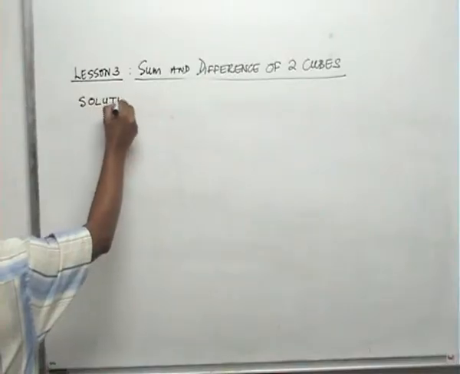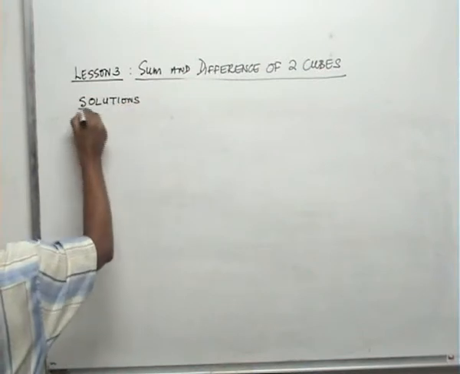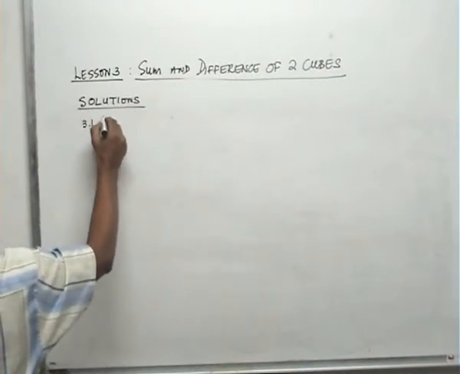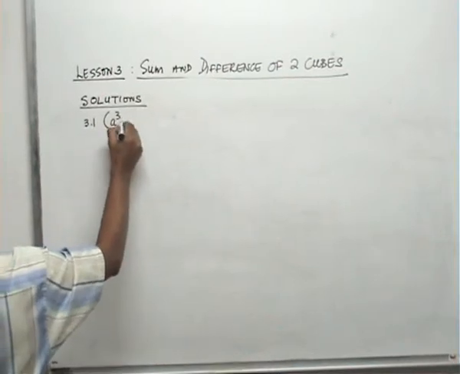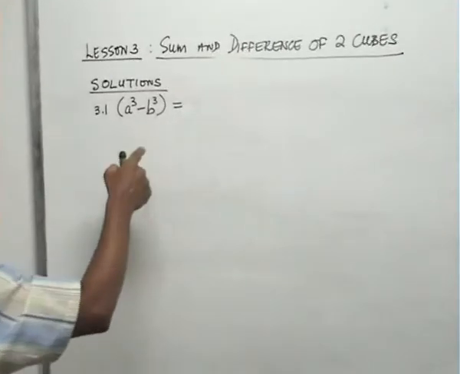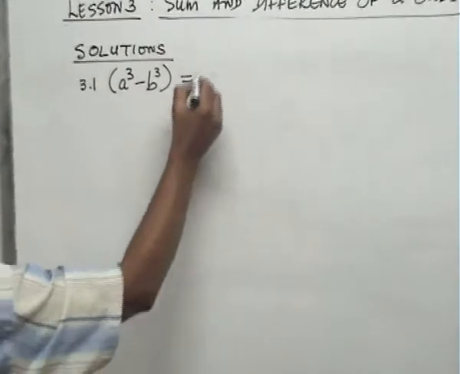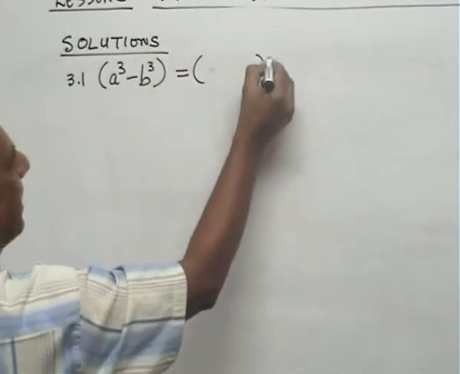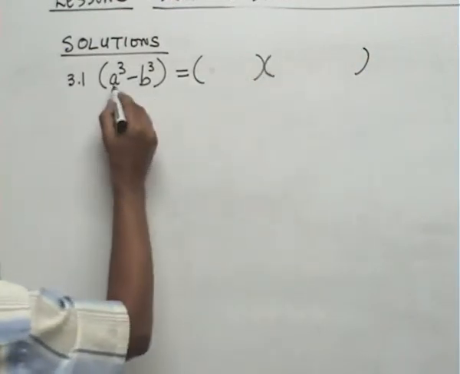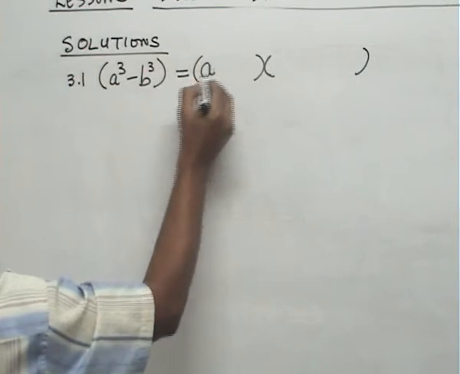Welcome back, here's your solutions. Now I'm not going to talk too much in this section because these are pretty straightforward. I'll only explain the first example and then I'll just write the answers for the rest. One small bracket, one big bracket. Cube root of a cubed, a.